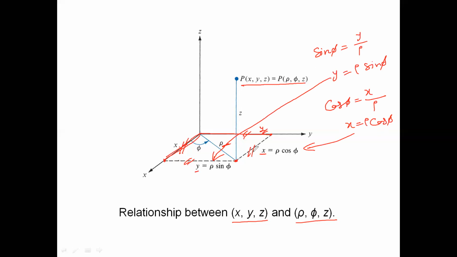Now, the relationship between the variables x, y, z of the Cartesian system and those of the cylindrical system rho, phi, z: how will you get both the relations in other terminologies?